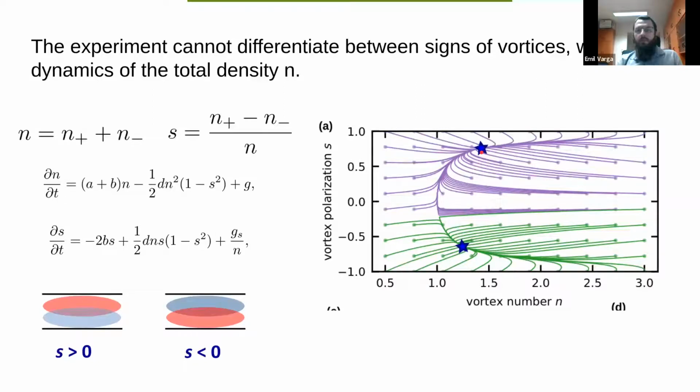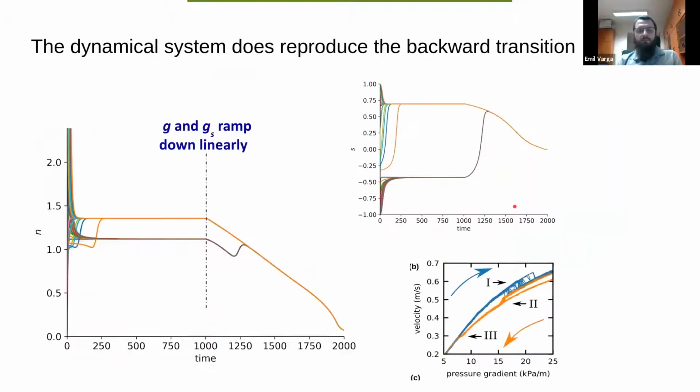If we take all of these trajectories and plot them as a function of time, we see that the total number of vortices, again depending on the initial conditions, falls into two stable states. So that already captures the more than one stable state of steady turbulence that we see.